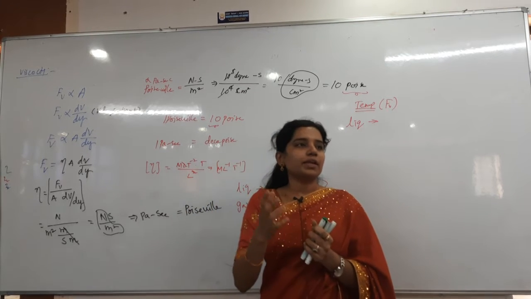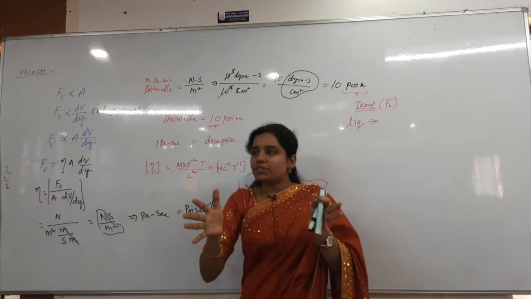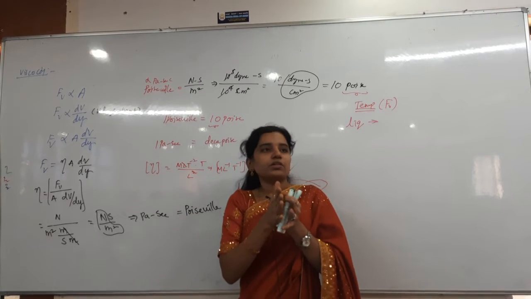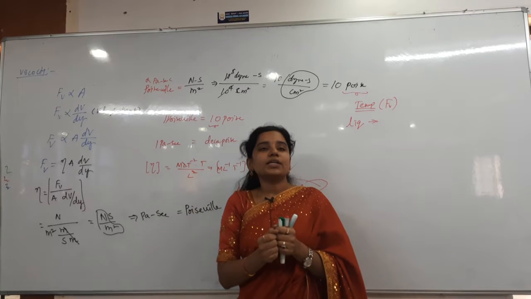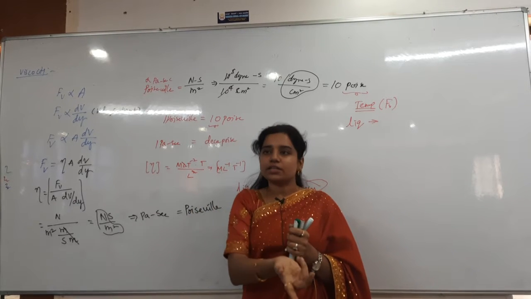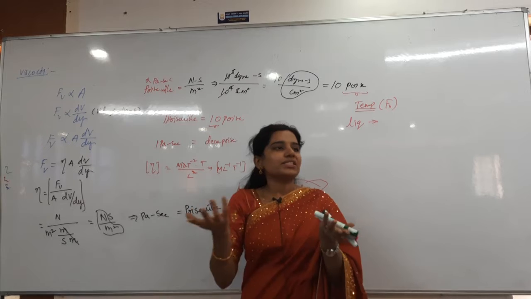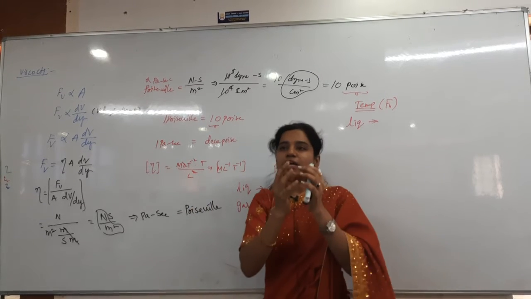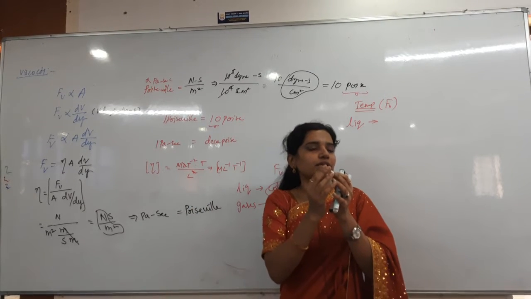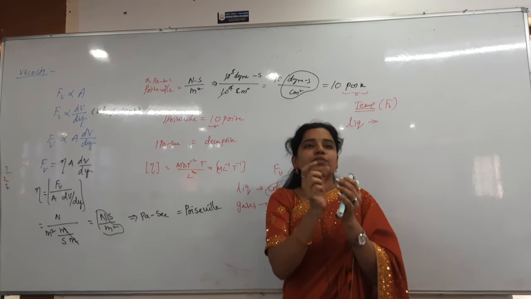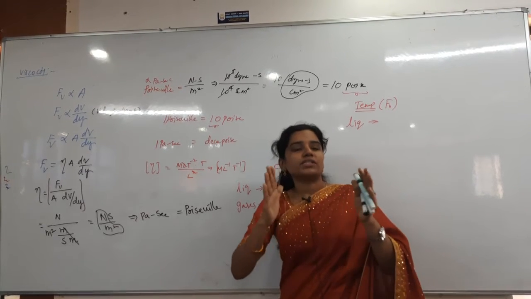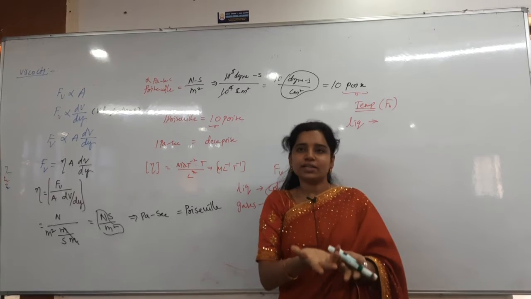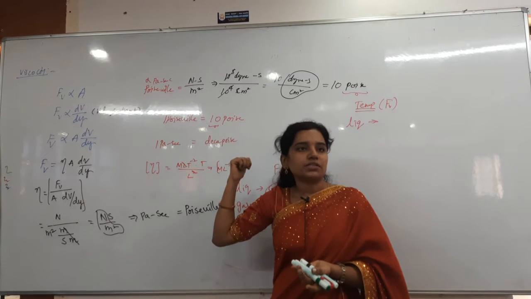Whenever I raise the temperature, the water molecules will move away from each other, right? Whenever they move away from each other, the cohesive force decreases. For example, take unlike charges. Whenever two unlike charges are together, there will be a force of attraction between them. Whenever I move them to a larger distance, the attractive force decreases.